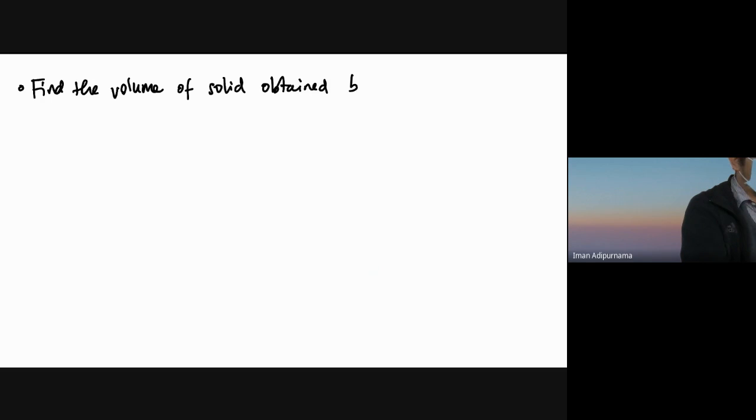Find the volume of the solid obtained by rotating the region S. This is the previous example.